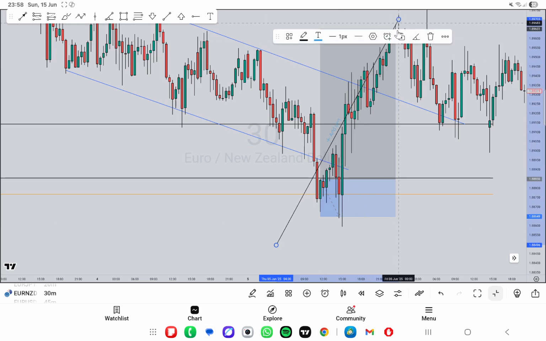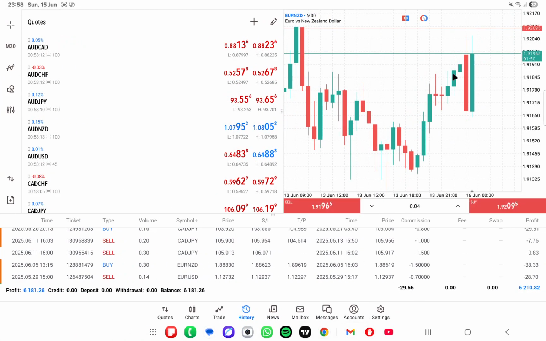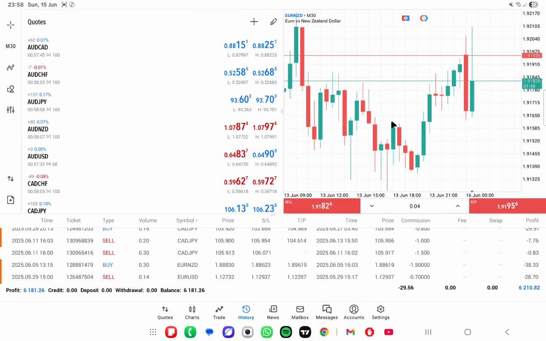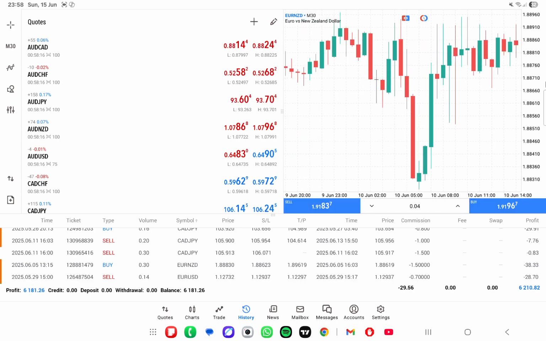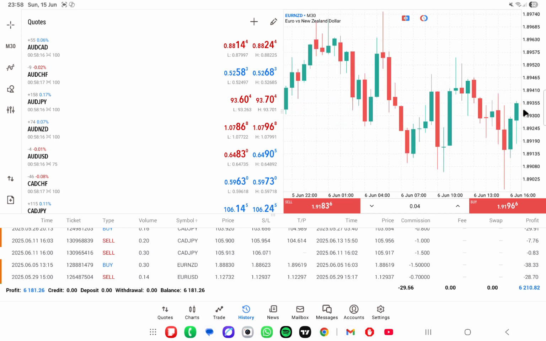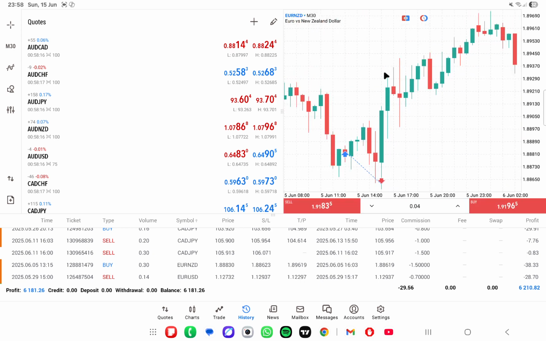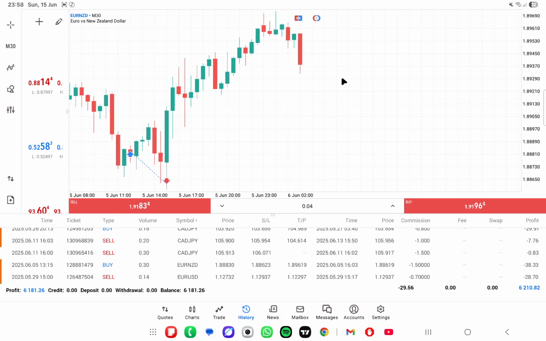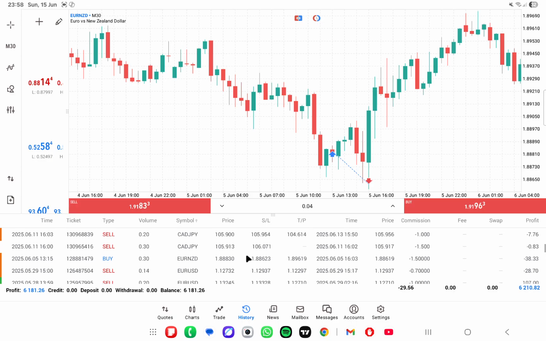So if we can just go to the MT5, this right here was the trade. As you can see, I got stopped out, and the market made a move high.